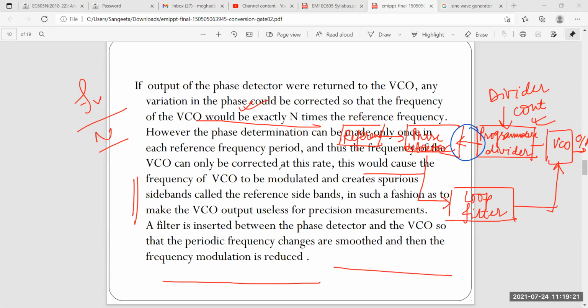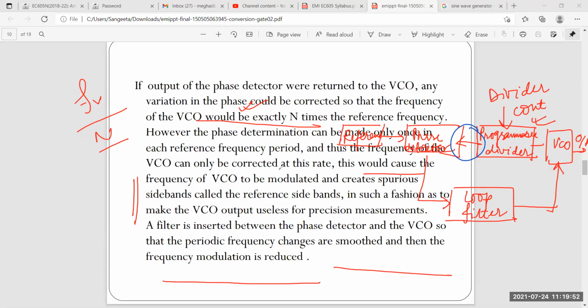So it's written the importance of VCO. The VCO actually plays a very important role. It causes the frequency to be modulated, and the output of the VCO is used for precision measurements. So we get a precise output after so many variations of phases and frequencies, then n times the reference frequency, where n is the integer.